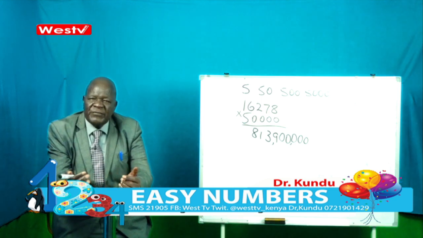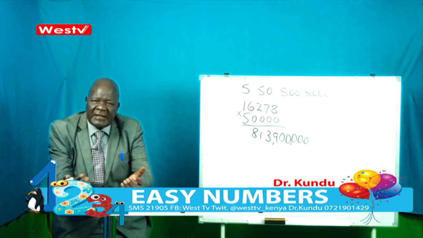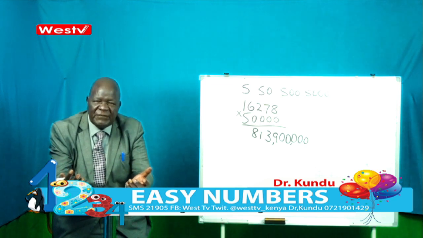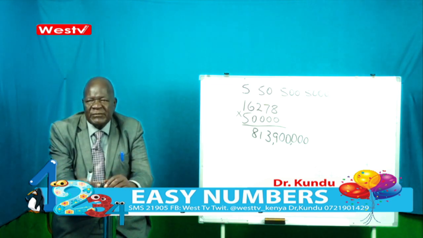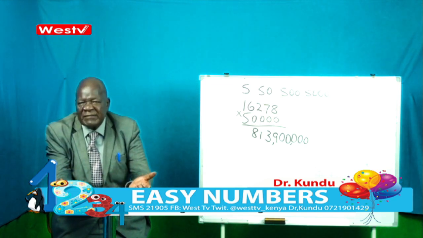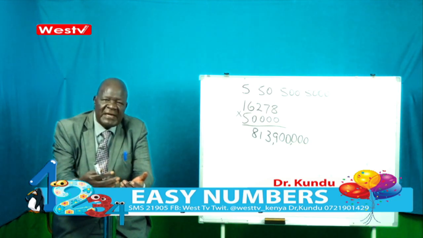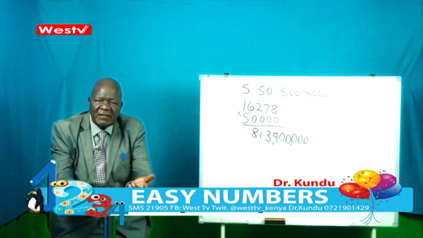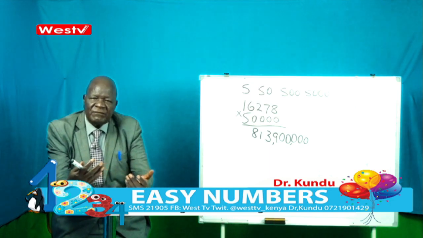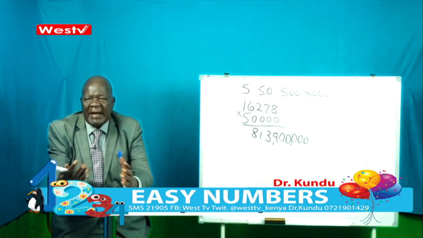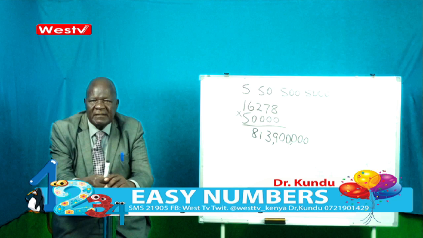So, what do you think 8 times, say, 50,000 is? You know 50,000 will be 5 zeros. And you take half of 8 to be 4. So it is just 4 and 5 zeros at the end.